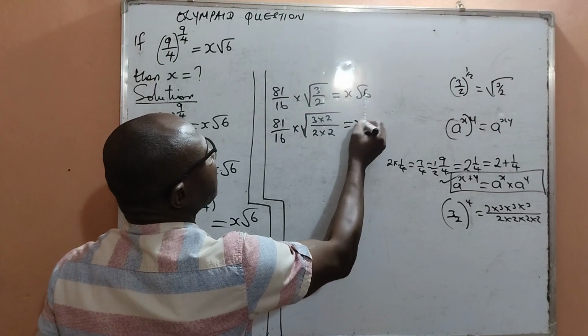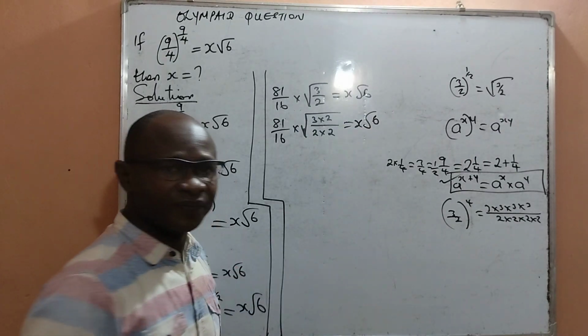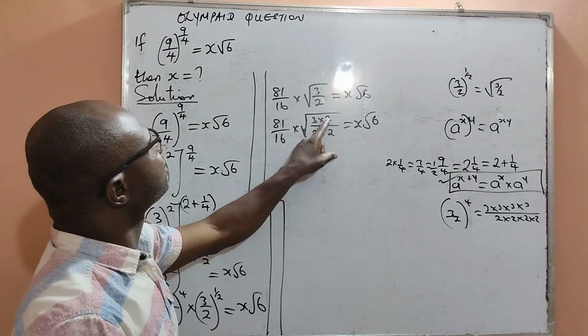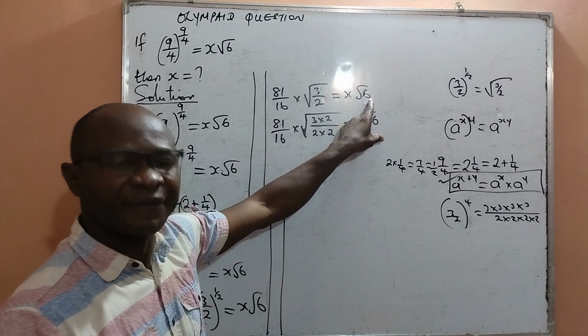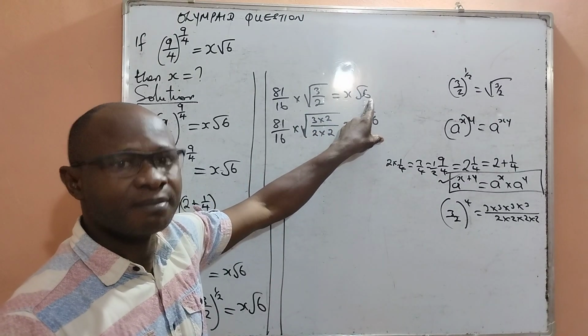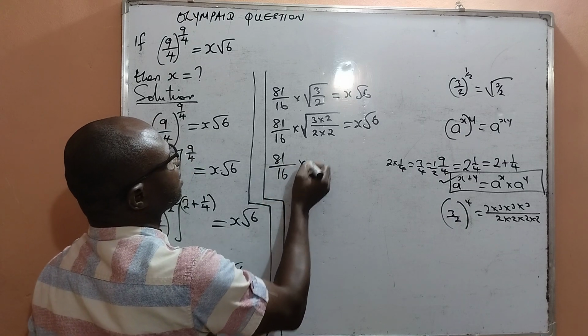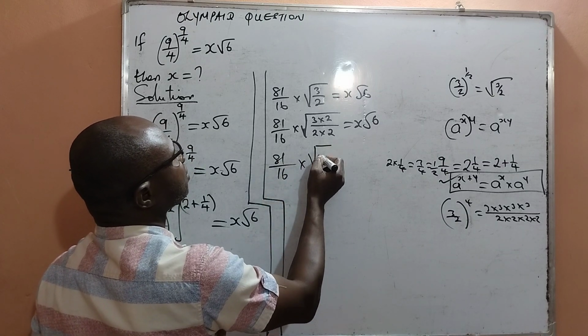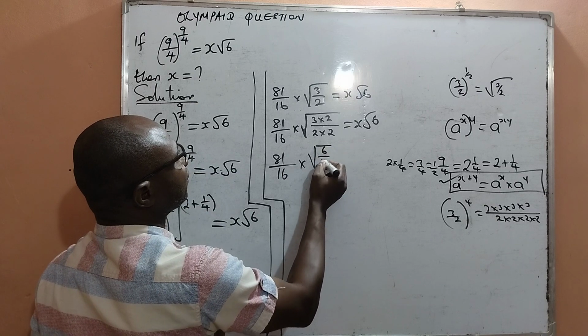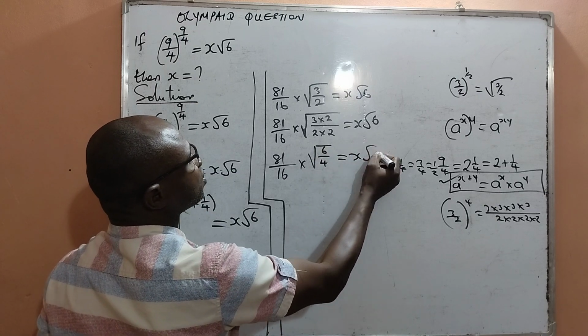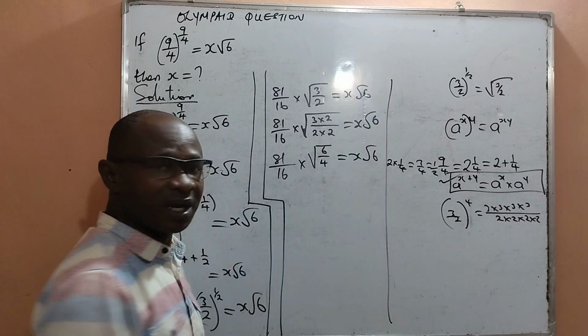My target is to achieve the square root of 6 on the left-hand side. And that means I'll have 81/16 multiplied by the square root of 6 over 4, equal to x root 6.